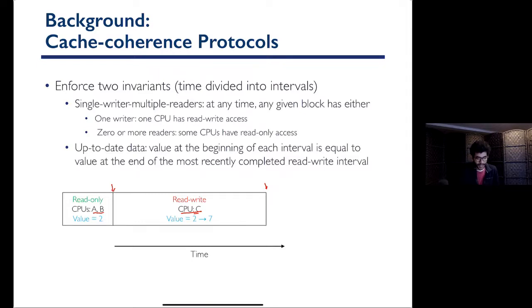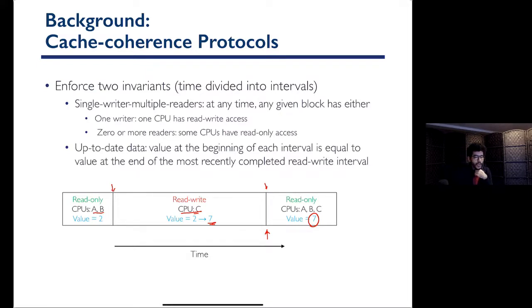Now, at the end, let's say somebody again issues a read, and I want to open a new read-only interval. The value that everybody should now see should be the last value that CPU C wrote in this address.